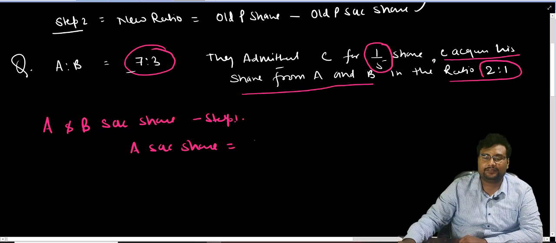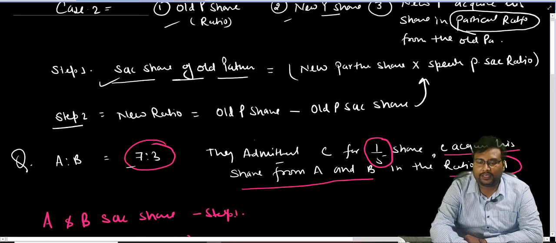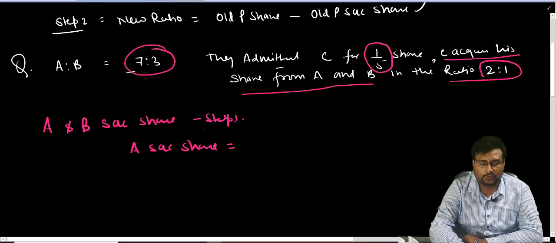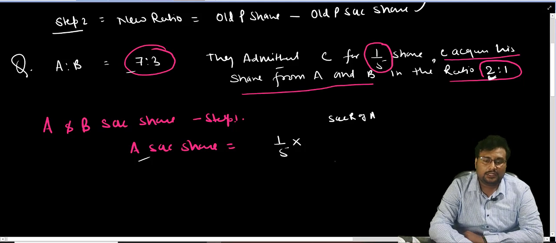formula you are knowing, sacrificing share formula is new partner share into specific partner sacrificing ratio. So we are finding out the sacrificing share of A. So new partner share is 1/5 into sacrificing ratio of A, which is what beta? 2/3, so it will be 2/15.